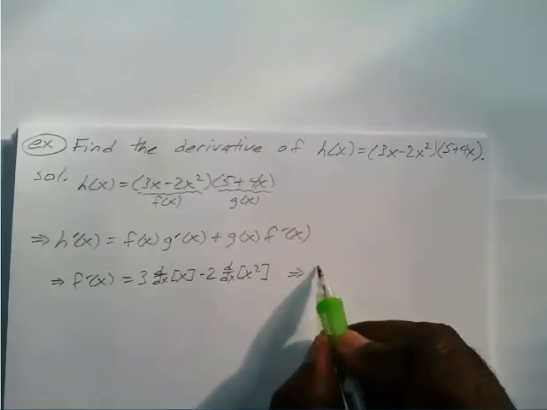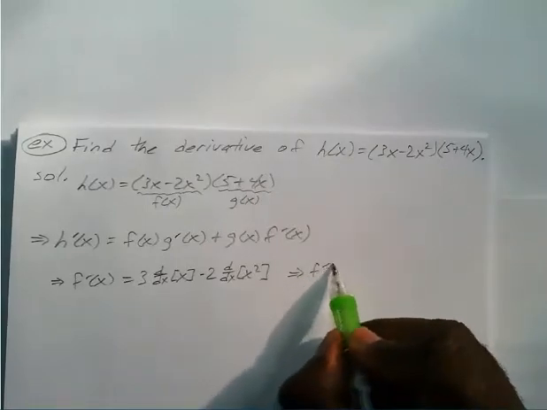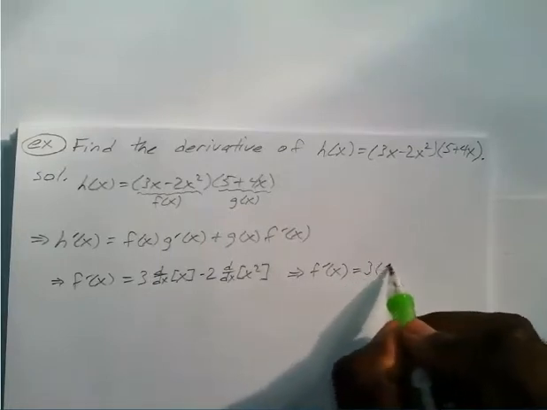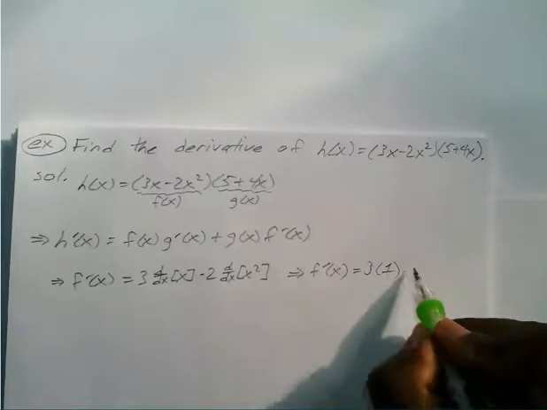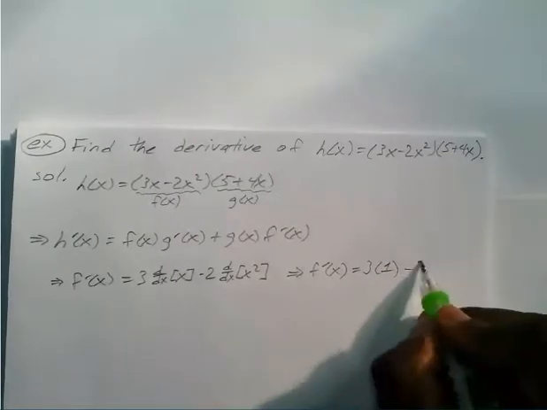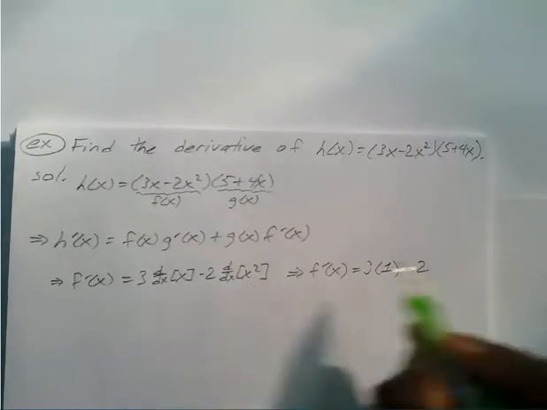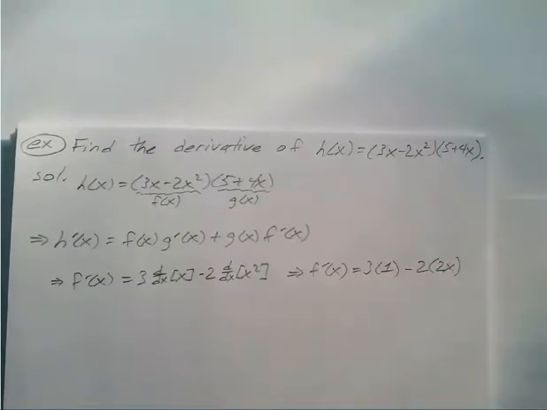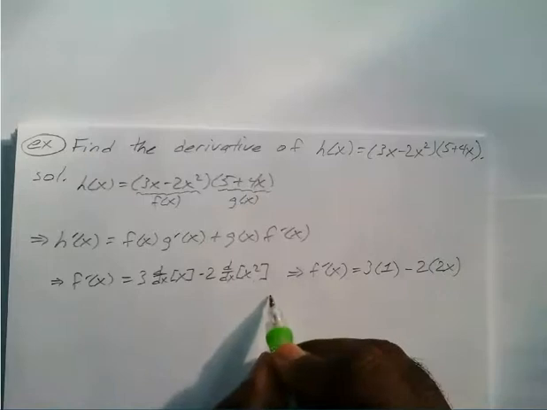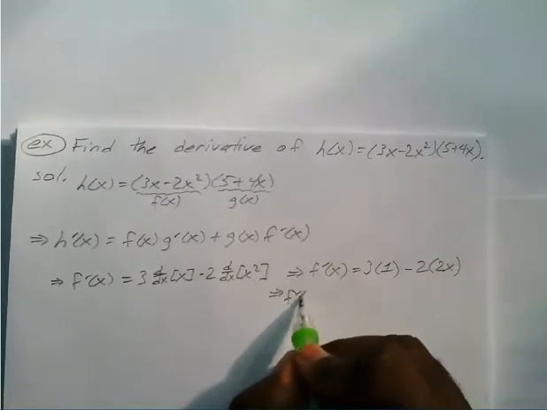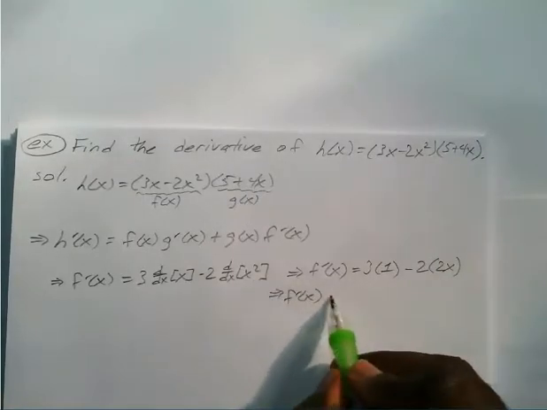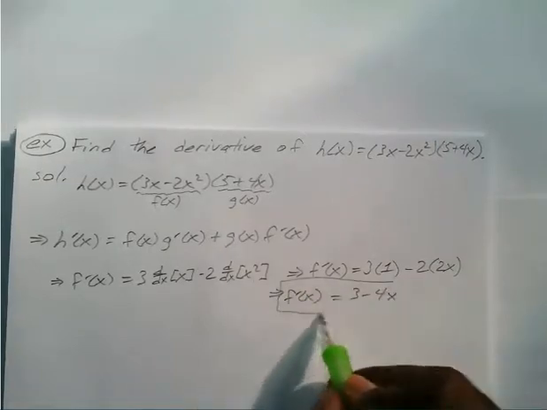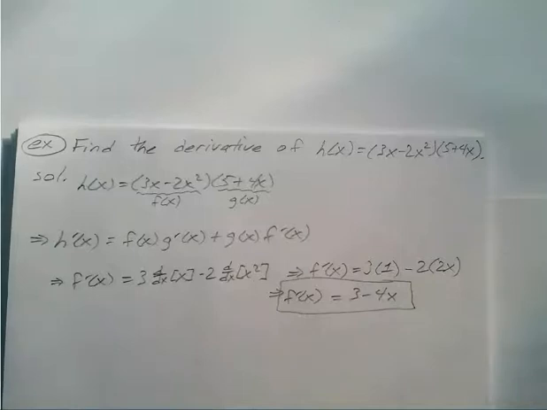Okay, so that gives us f prime of x equals 3 times 1 minus 2 times the derivative of x squared, which is 2x. So your f prime of x is equal to 3 minus 4x. Okay, put a little square over that because we are going to need it.